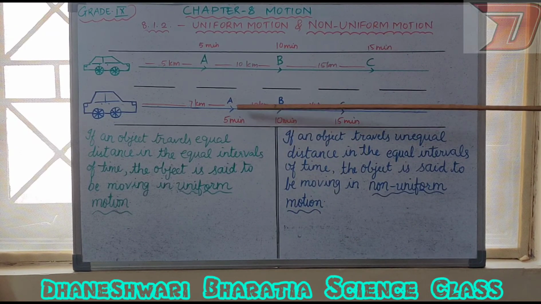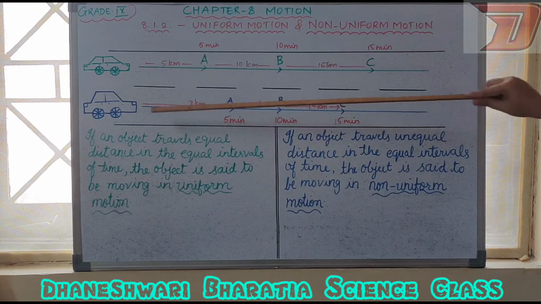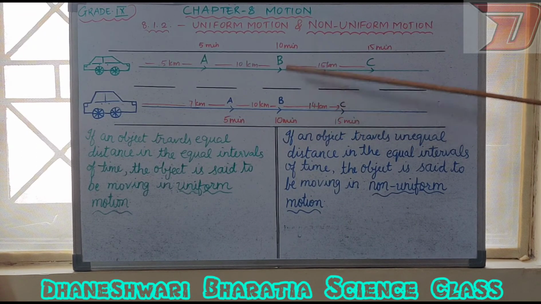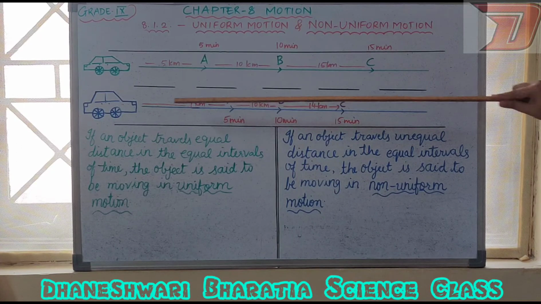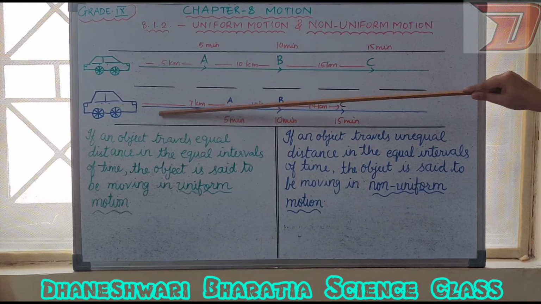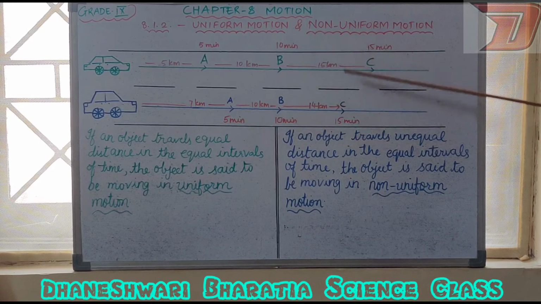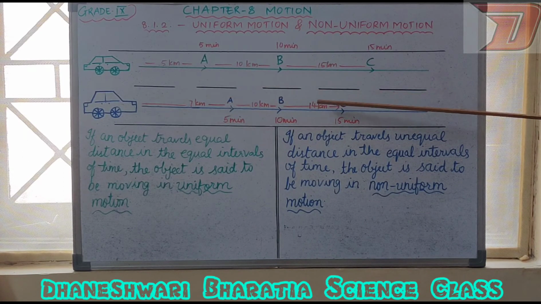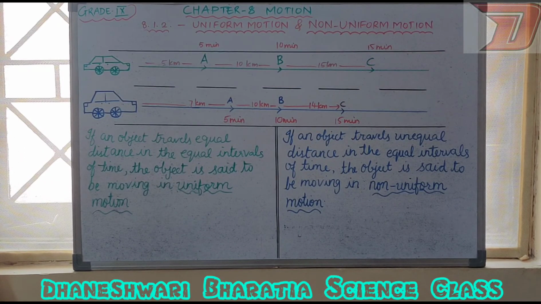So due to that reason, this car will reach 10 kilometers from the origin in the next 10 minutes. But here in between, at A point, that is in first 5 minutes, this car reached 5 kilometers, whereas this car reached 7 kilometers only, isn't it? Now after 15 minutes, this car reached 14 kilometers only, whereas this previous one has reached 15 kilometers.